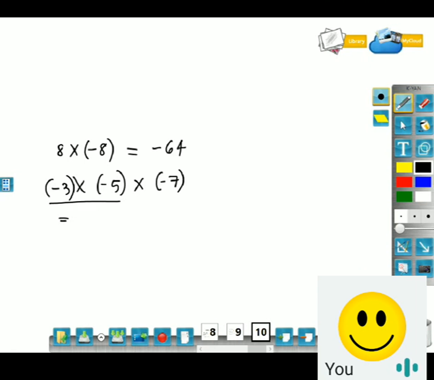So minus 3 into minus 5 will be plus 15 into minus 7. First we multiplied the first two numbers, and next we are going to multiply with the last number. Now 15 into minus 7 will be minus 105, because one is a positive number and another one is a negative integer. So you have to be careful regarding the signs of the numbers. If the signs are not correct, the answer will be wrong.